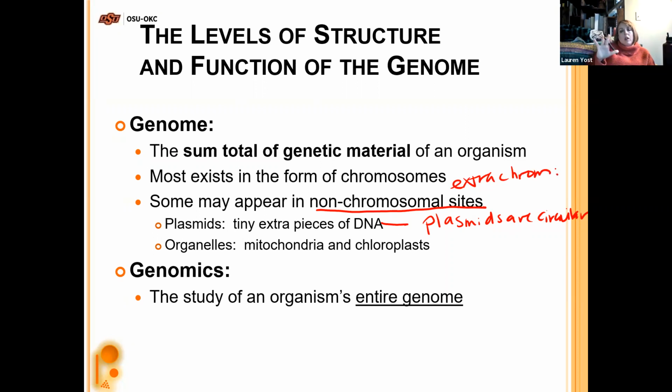Then we can also have mitochondria and chloroplasts. Your cells and my cells have mitochondria. Plants might have chloroplasts, or other organisms that have these things as well. Those are the biggies.